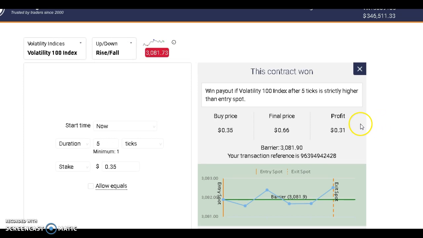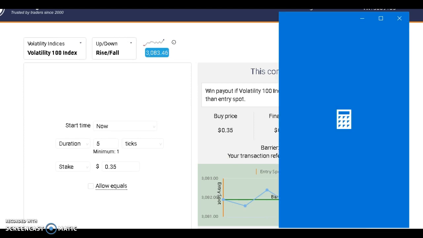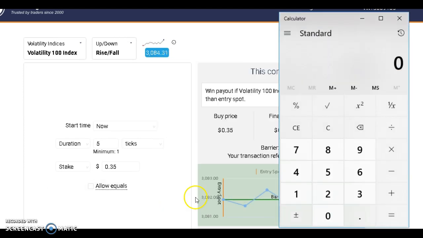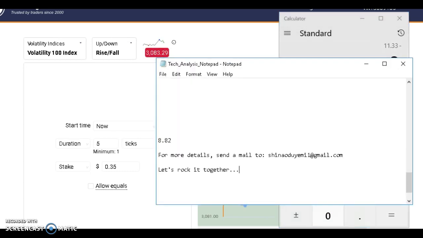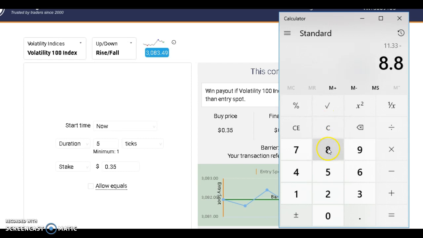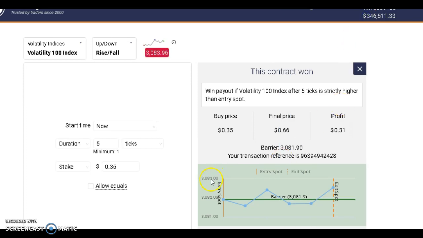So that's that. This is $11.33. We started from 8.82. So $11.33 minus 8.82, we made $2.5, and that's still okay.